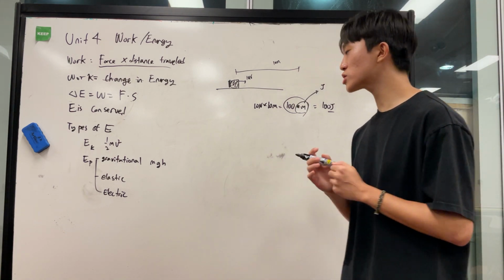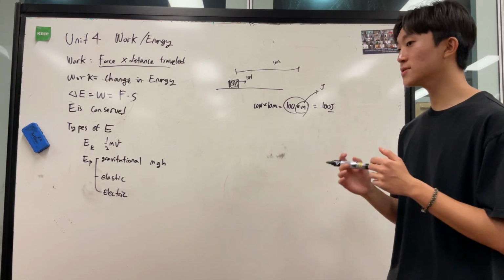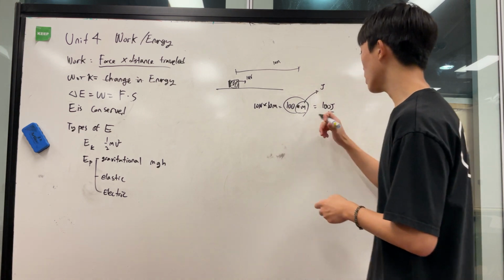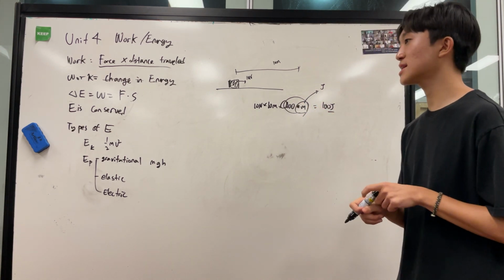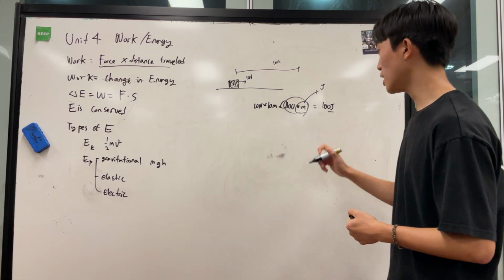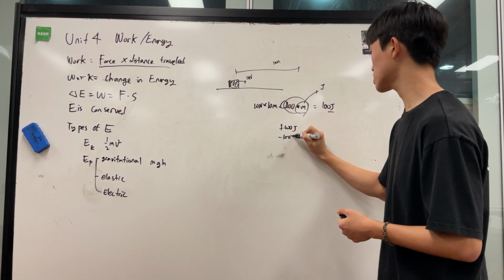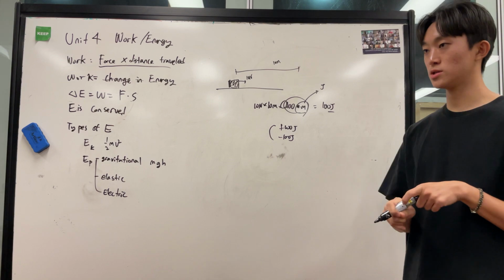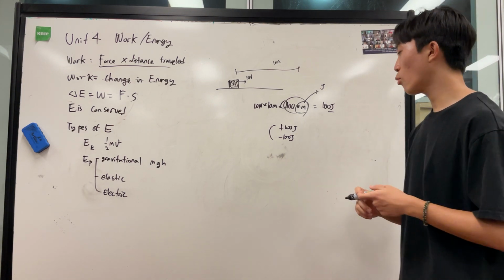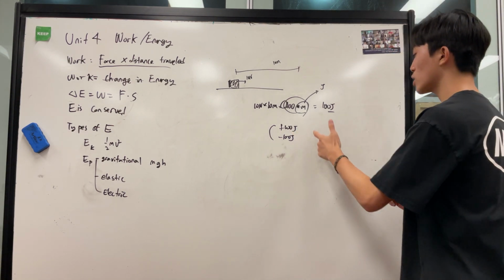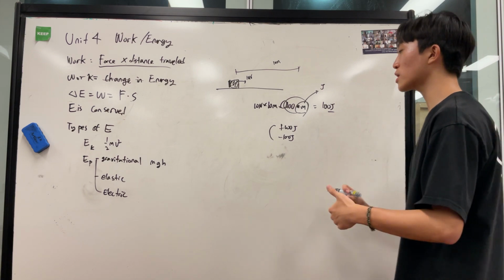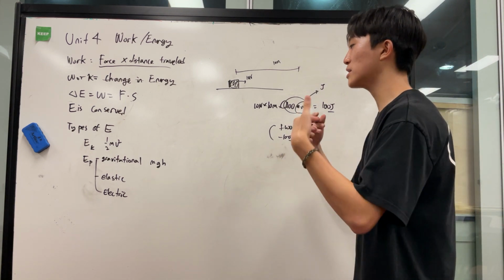Now, what's interesting is that you have to keep in mind the sign in front of work. In other words, there might be 100 joules and minus 100 joules, and you have to know the difference between the two. Usually, plus 100 joules means that the work is done by the object.